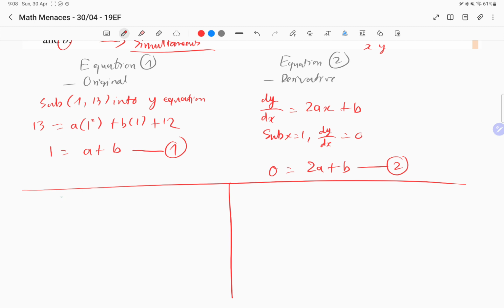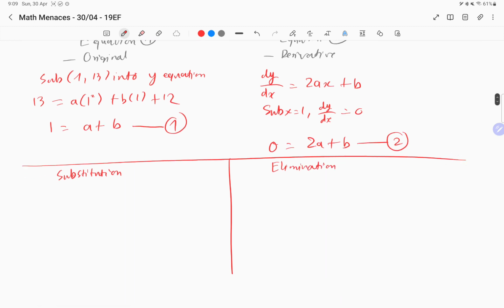The first method is substitution. Depending on the equation, sometimes substitution might be more straightforward, and the other one in this case will be more straightforward, which is elimination. To do elimination, first I need to look at, is there any variable I can eliminate? And normally when you eliminate, it's either subtraction or division. So it's either when you subtract the two equations or you divide the two equations.